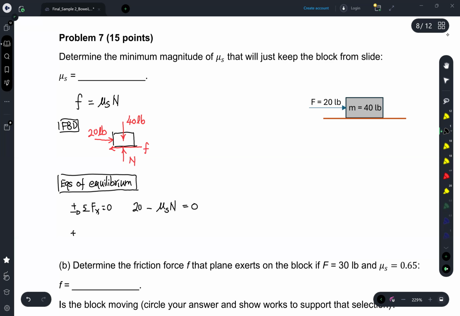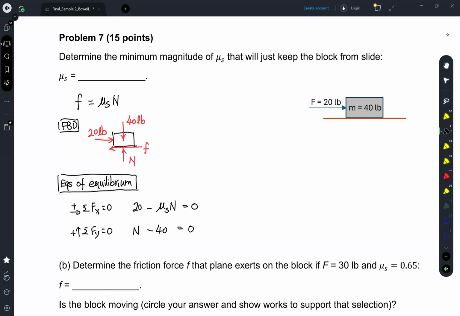For our y direction, the summation of all forces along the y direction equals 0. We have the normal force going upward and the gravity going downward, so going downward is negative here, equals 0, right? So from the equations, we have the normal force equals 40, just equal to the weight.